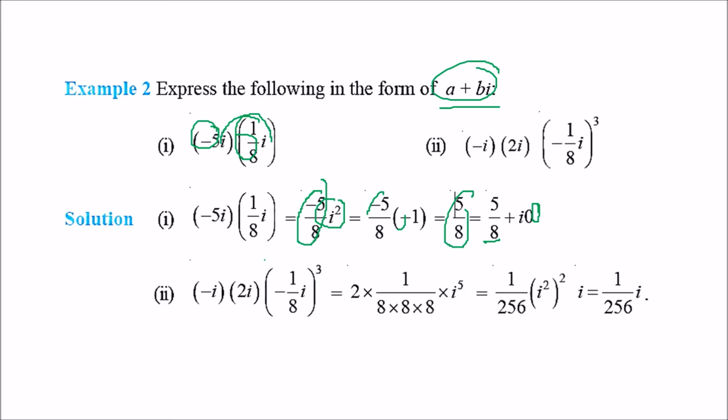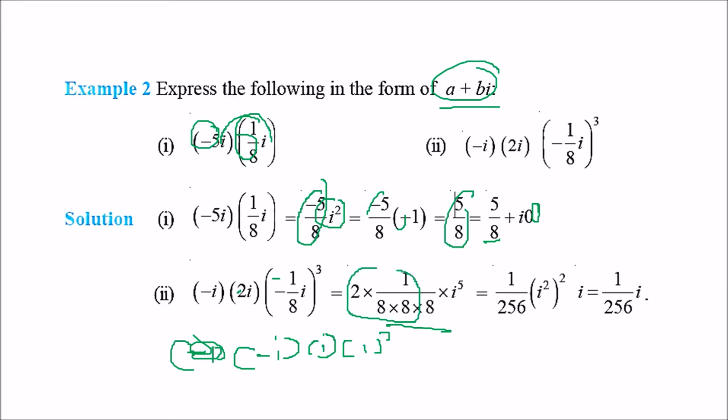Again here, minus I, let us take different entities differently. This is minus I. From here we take I. From here we take I cube. Rest 2 into minus 1 by 8 cube, and it will take minus sign, because minus 1 by 8 minus 1 by 8 minus 1 by 8 will give you minus 1 by 8 into 8 into 8.